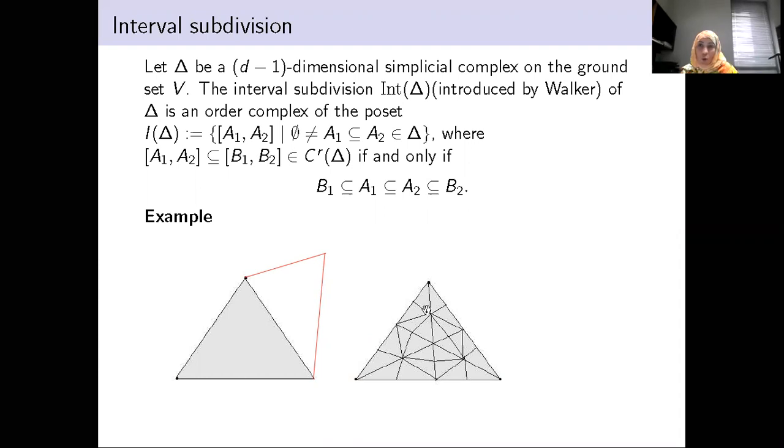But if I consider just the closed intervals which have the same endpoints, then you will go back to the barycentric subdivision. If you consider only those, like 1 1 rather than 1 2, then you get the same barycentric subdivision from this one. So it is something more general than that one.